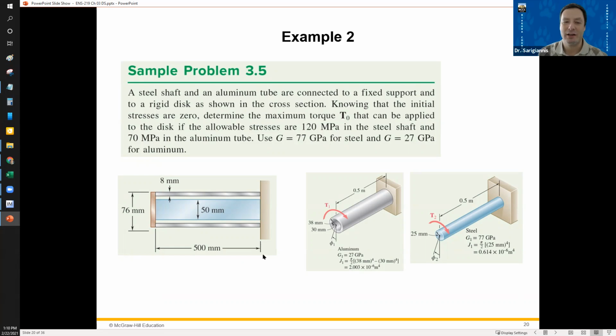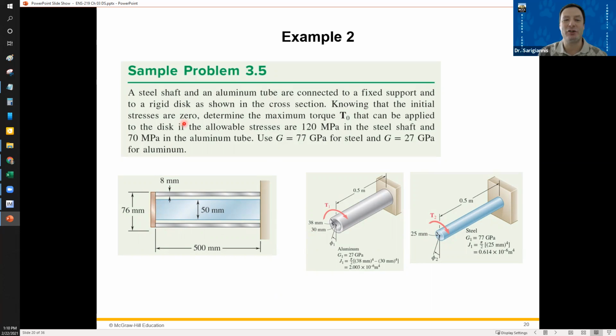So notice how this is what it looks like from a cross section, and this is what it looks like. We've got the steel shaft in the middle. We've got an aluminum tube on the outside that is around the shaft, and they're both the same length, and they're both on a fixed support, and they're both attached to this rigid disc.